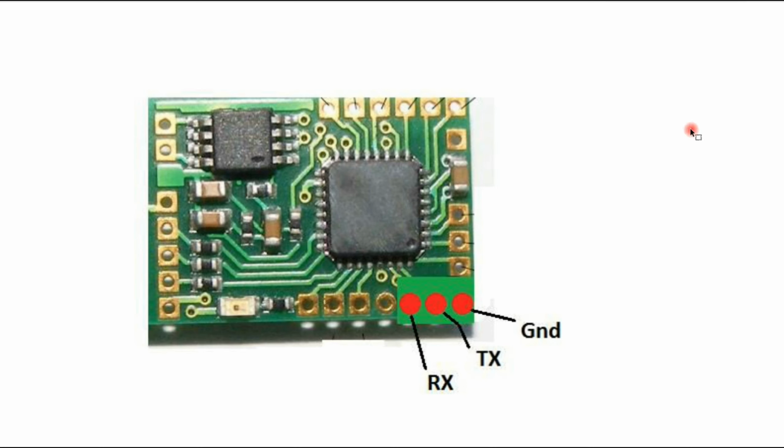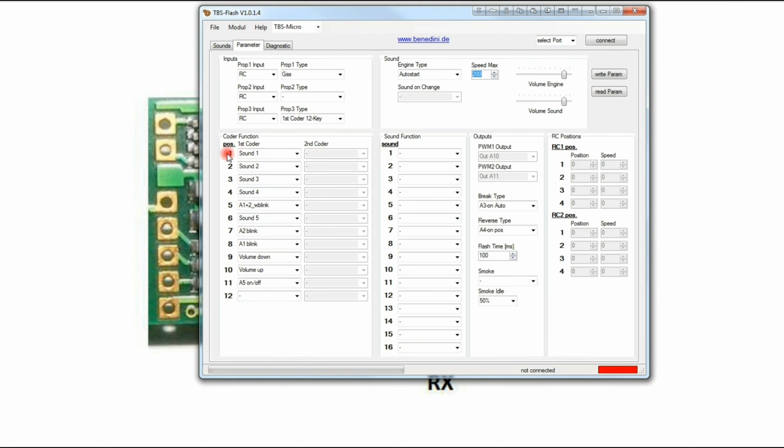So if it's anything except for 0, it activates the sound files, activates these positions here, because you can say it's the first coder 12 key positions, position 1 to 12.